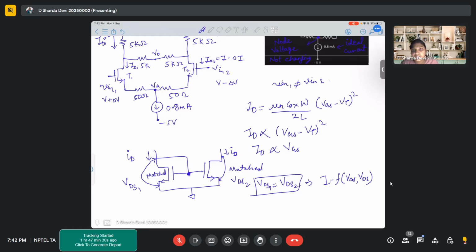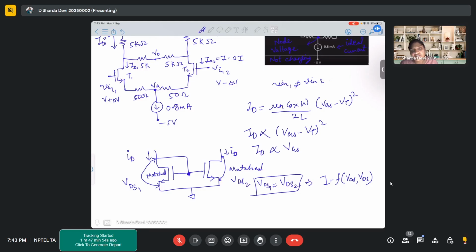Correct? Because of channel length modulation. So here we can say that the mirroring is taking place in voltage also. In that sense, it is also leading to the mirroring of voltage.